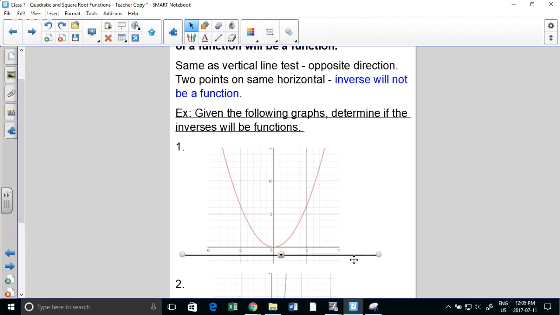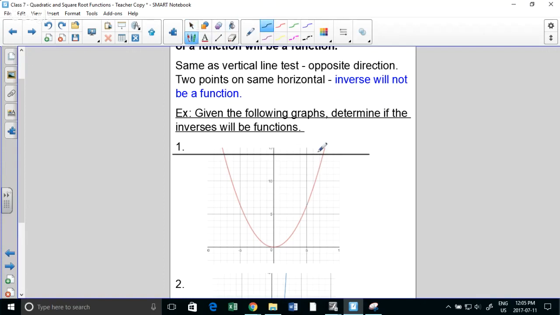So this is super clear. As I scan up, I have tons of points on the same horizontal. So the inverse of this will not be a function.